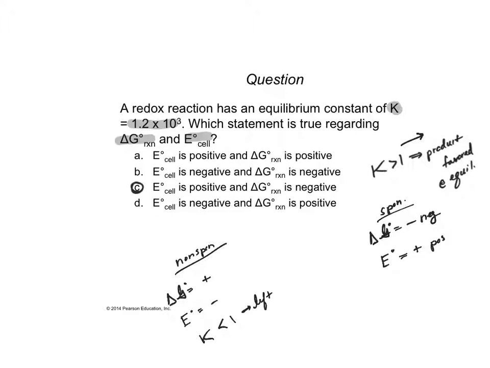Left is spontaneous, meaning the reverse is spontaneous. So the forward reaction is non-spontaneous. Okay, so hopefully that makes some sense.